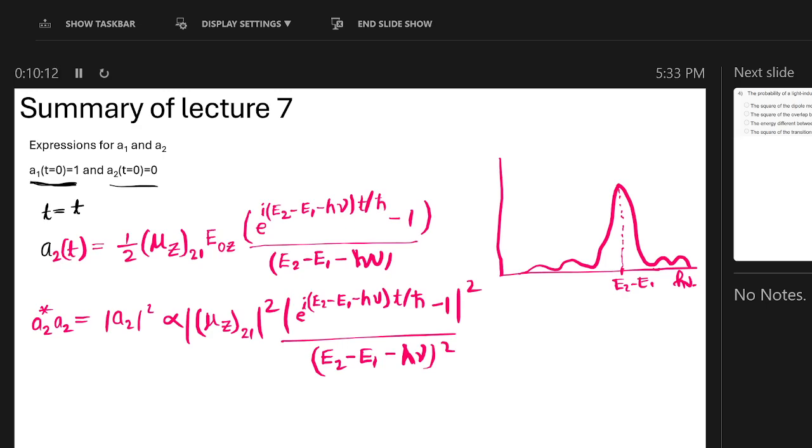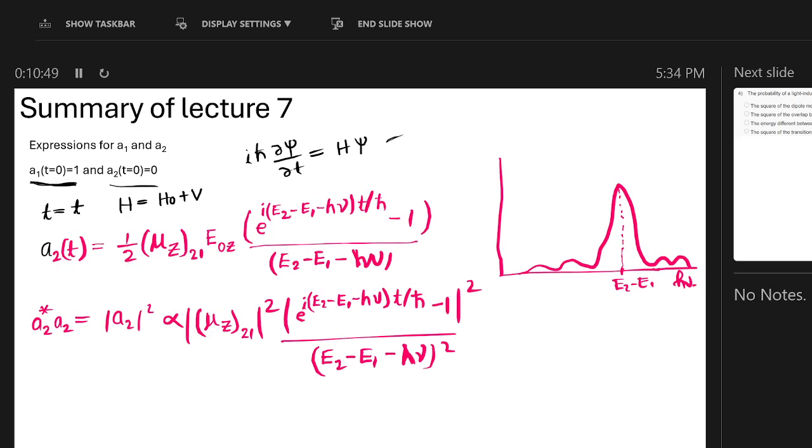At time t, using this Hamiltonian and considering the wave function, considering the interaction of the electric field of the light with the molecule, we solve the Schrodinger wave equation, i h bar d psi by dt equals H psi.